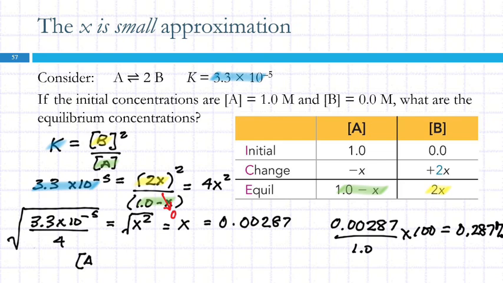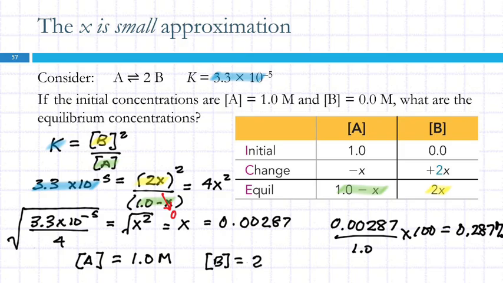We still need to answer the question. What are the concentrations? Well, A is going to be 1 minus X, which is this little tiny number. We did that. I erased it. And we realized, well, considering sig figs, it comes out the same. And then what about B?